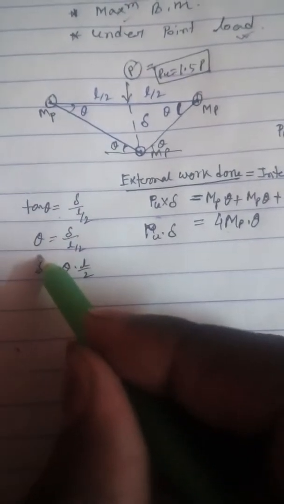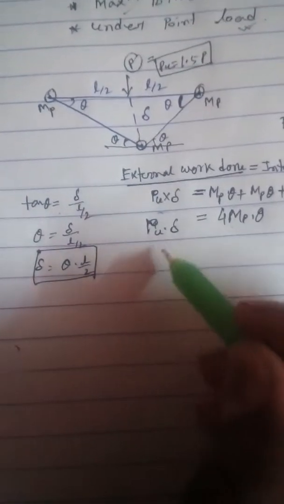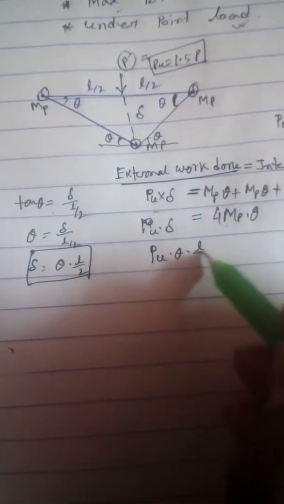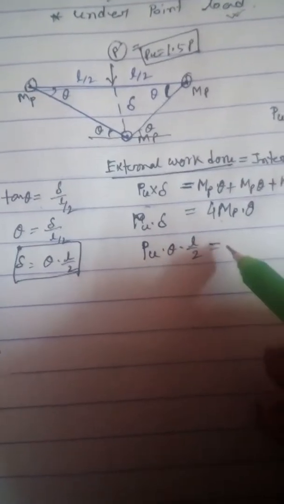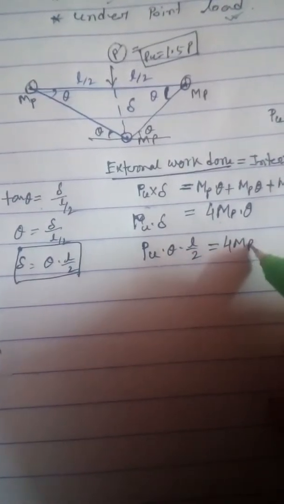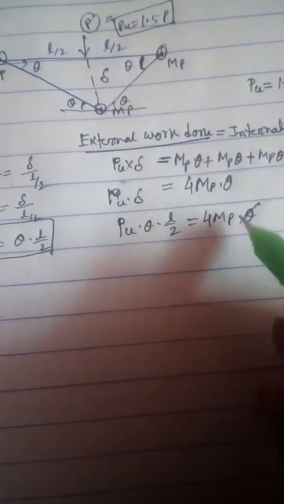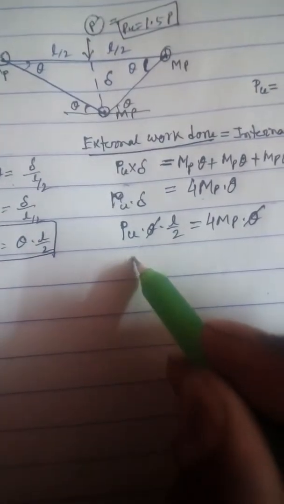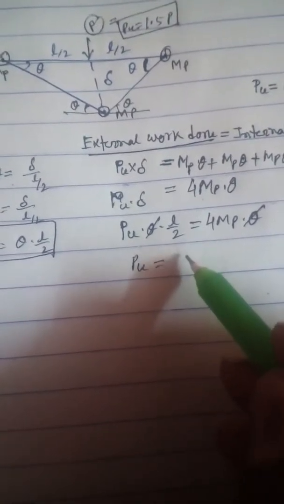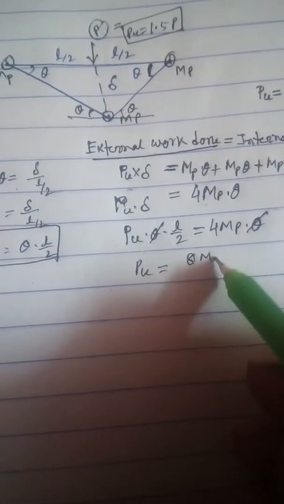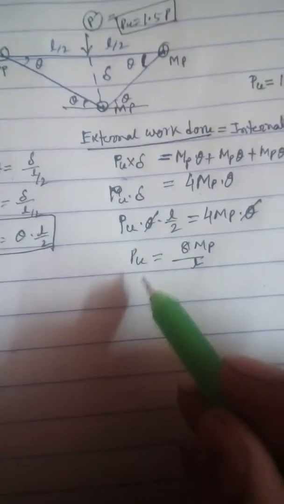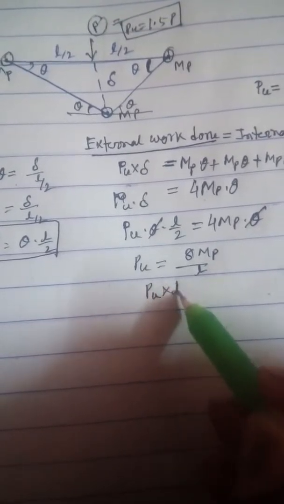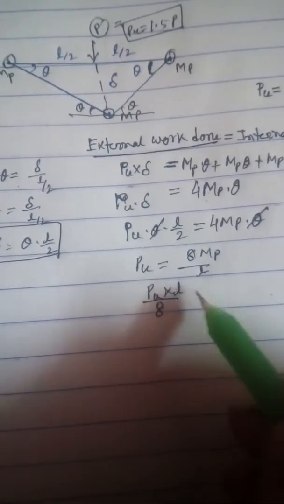Putting this value in the equation, Pu into theta into L by 2 equals 4 MP into theta. Now theta cancels out, so Pu equals 8 MP by L, or MP will be Pu into L by 8.